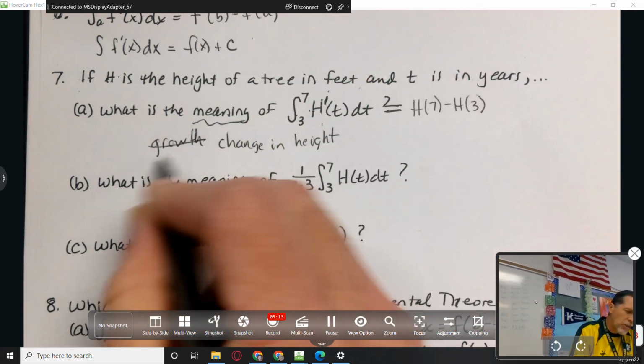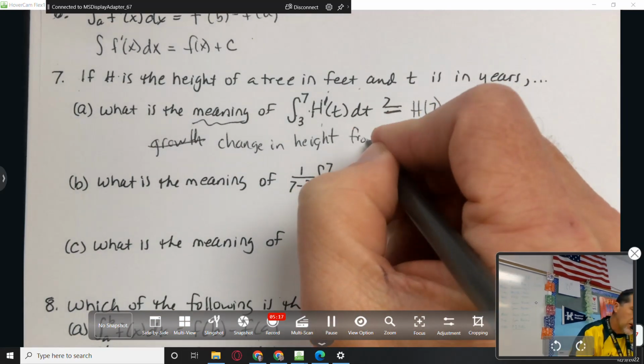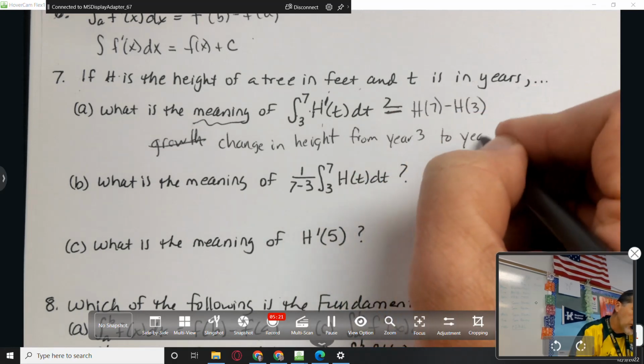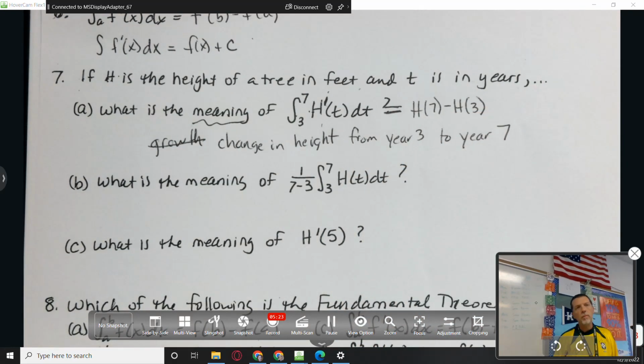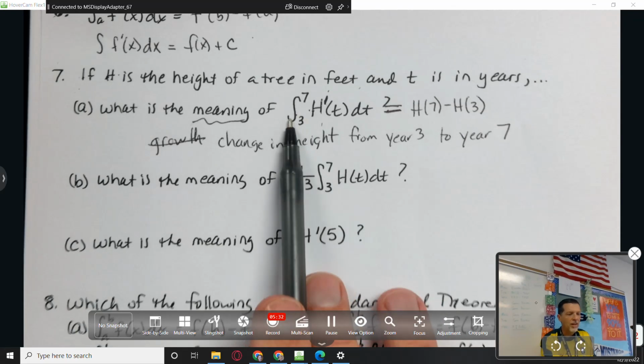Because growth sounds like a rate, and it's not a rate, it's just the change in height from year 3 to year 7. So it's kind of an easy answer, but it starts out really tricky because of the antiderivative of a derivative.